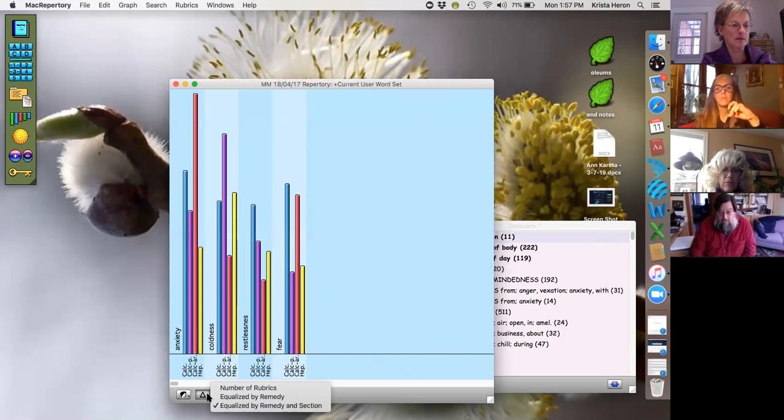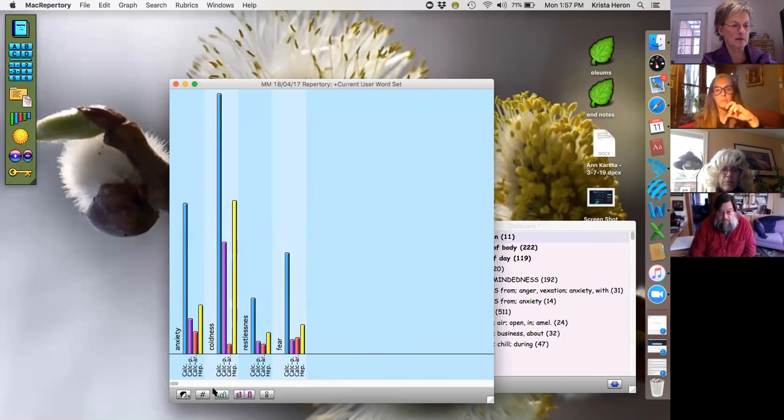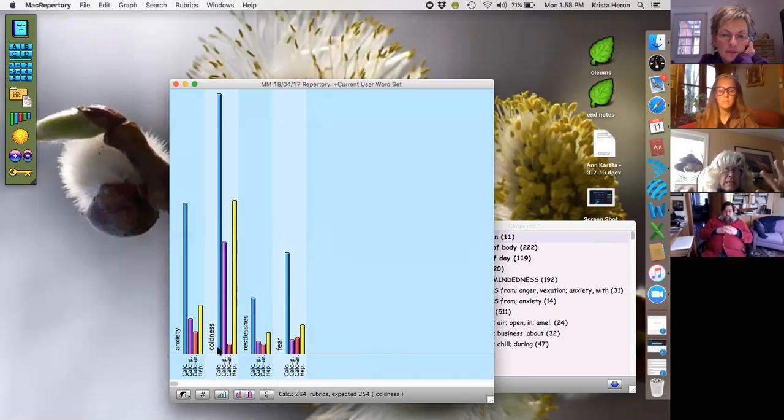And if we instead change it to number of remedies, see how there are so few remedies of calc arsenicosa. It tells you down here 10 rubrics compared to calcarea, which has 264. So it's not a fair comparison, because we know so little about calc arsenicosa.